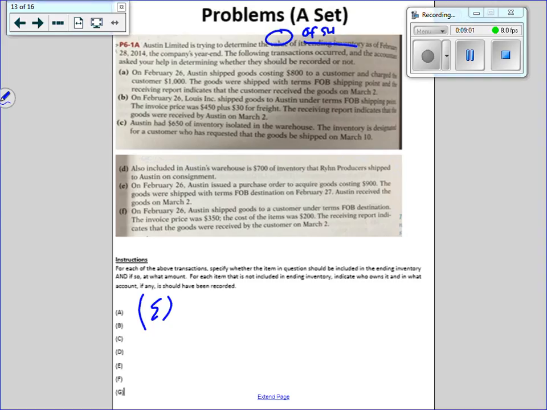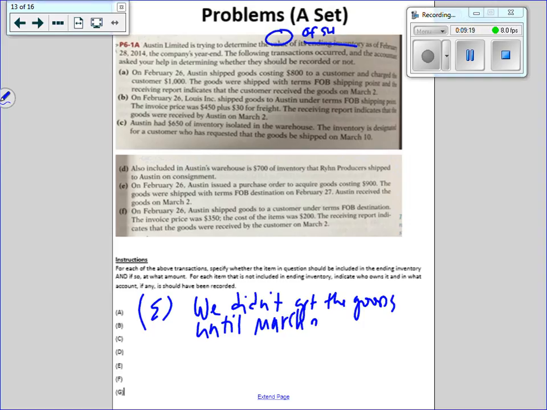In this case, we don't even know who that was. They didn't say. So the answer is we didn't get the goods until March 2nd, because it was FOB destination. It was free to us, meaning the shipper owned it until it arrived at our place of business.